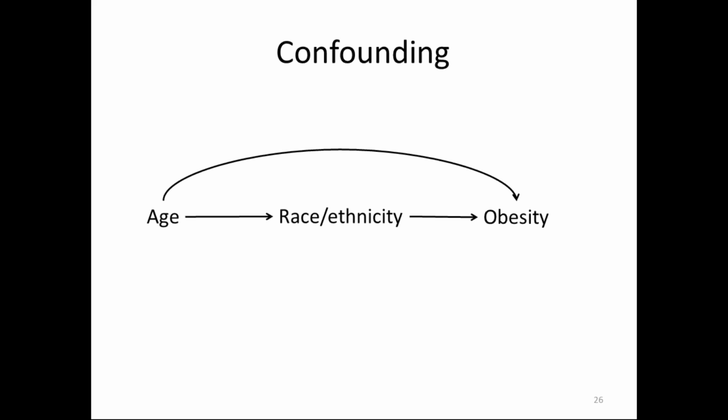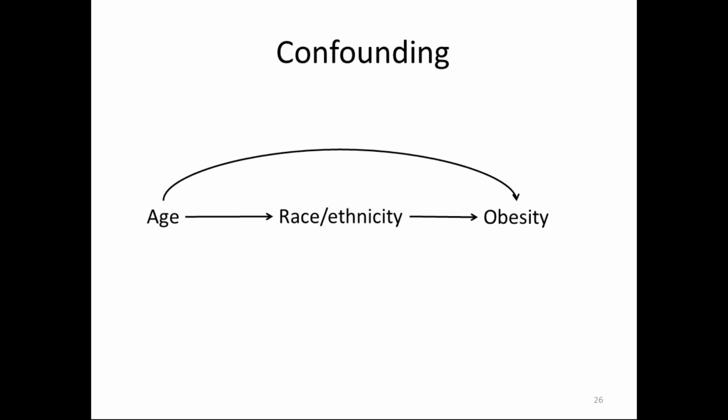So we'll often use diagrams that look like this. If we're interested in whether race ethnicity is a causal risk factor for obesity, probably it's not. One of the things we look at when we're talking about the population distributions is that the age distribution varies across race ethnicities in the U.S. It's just a demographic fact, and age is related to obesity.